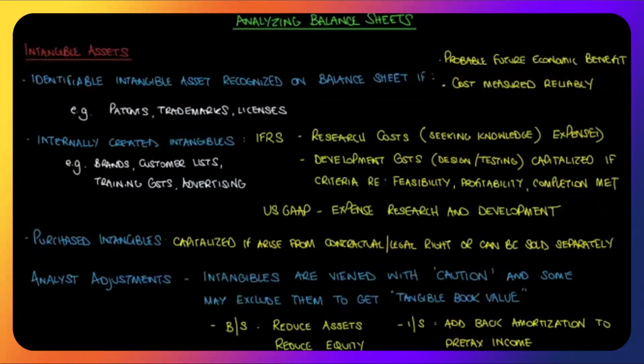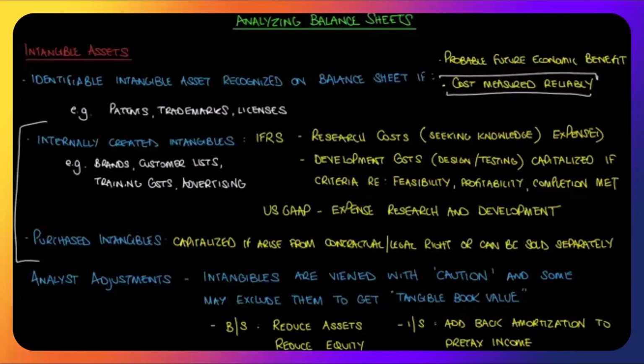My examples earlier, patents, licenses, and so on, will give you revenue, give you returns, and the cost can be measured reliably. That one is important, and that is really what leads to these distinctions. Cost must be measured reliably.